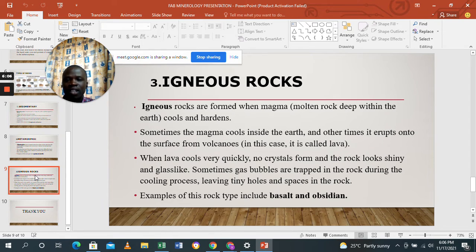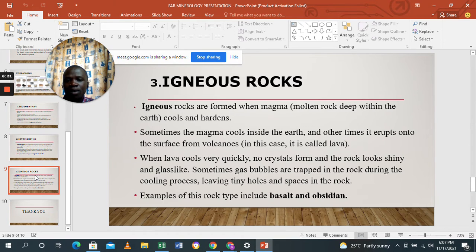For instance, in Kenya, we have Menengai, which is one of the active volcanic mountain regions, and other regions like Baringo and the rest. When we go to these regions, we will find these igneous rocks.